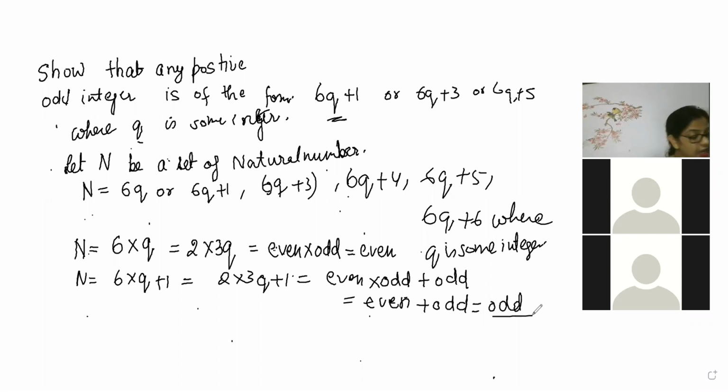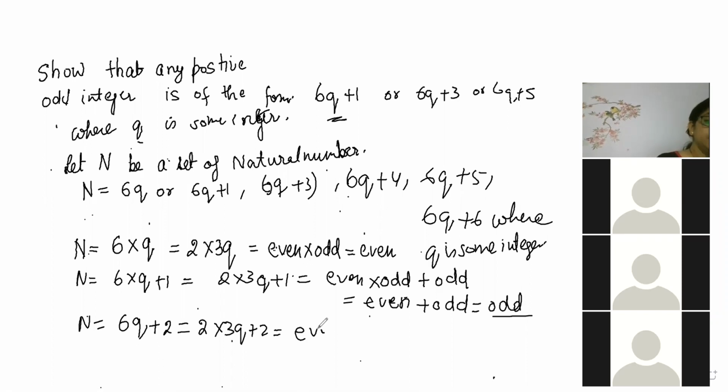Well done, Madhumita, Kavya, Arif, Janani. So you have understood this part, what I am planning for. Now next is, and even into odd will always come even.